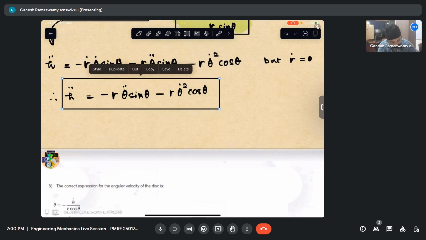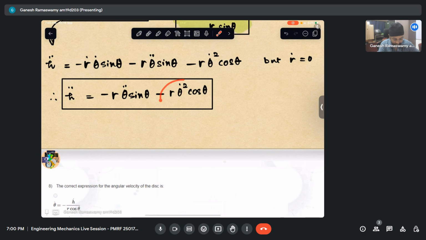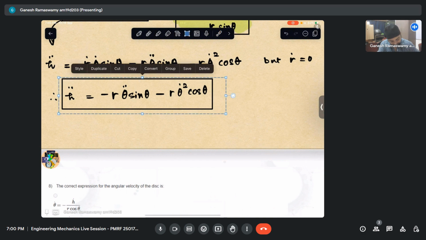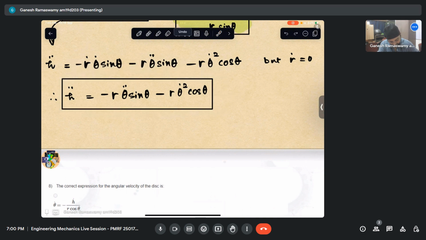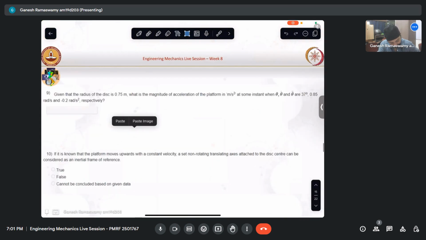I can see it is just a degenerate case of circular motion. I have my centripetal acceleration and my tangential acceleration. So if I copy, so I have this as the relation.